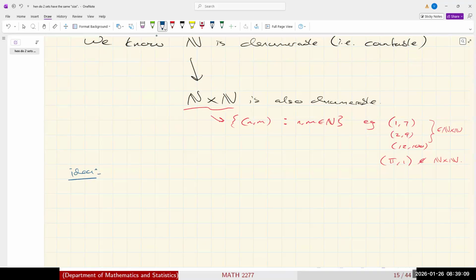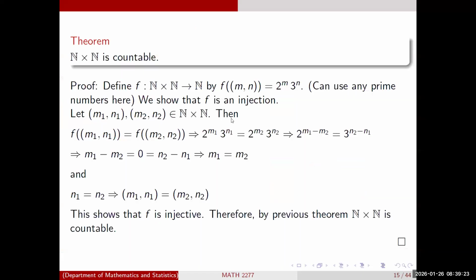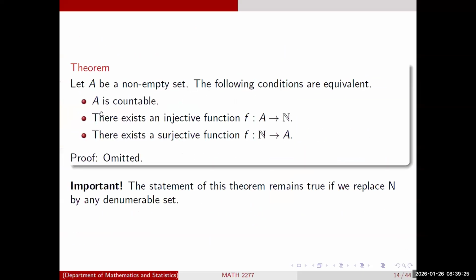If I'm using the injective function, it needs to go from the set into the natural numbers.